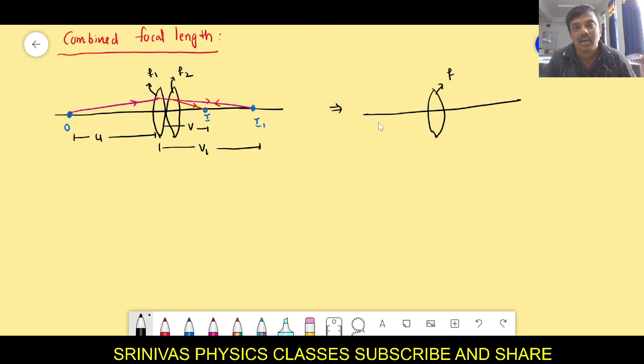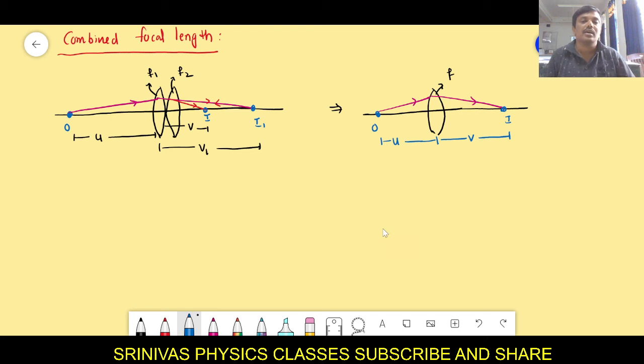For this, the object is O and it forms the image I. The object distance is U and the image distance is V. These two lenses combinedly act as one lens and form the image I. That means O is the object and I is the final image.